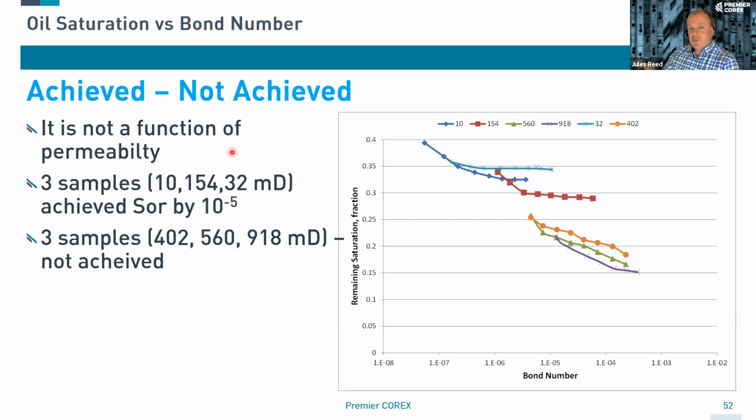But the word connate just means the water that is there. We might also call it innate or autochthonous. Those words basically mean what is there. So if you're in the water leg, the connate water saturation might be 1.